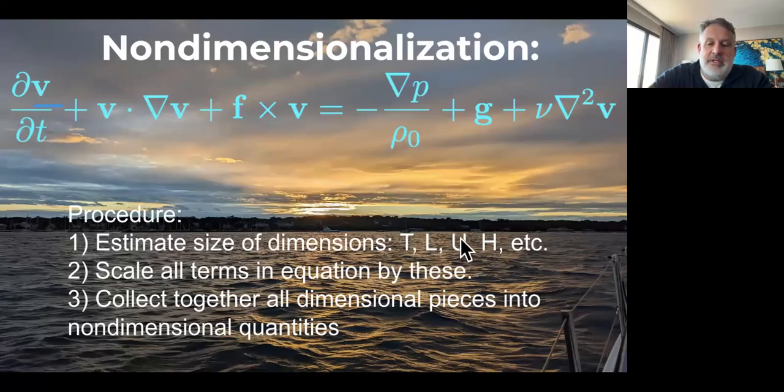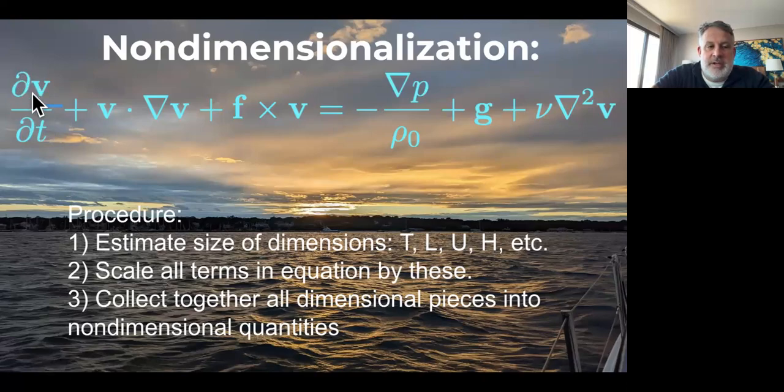Most of the time, you're going to be able to do it with just those, plus maybe some parameters like the Coriolis parameter, the magnitude of acceleration of gravity, the background density, and the viscosity. Those extra parameters will come outside, plus these time scales and length scales. So then step two is that you scale all the terms in the equation by this set of parameters.